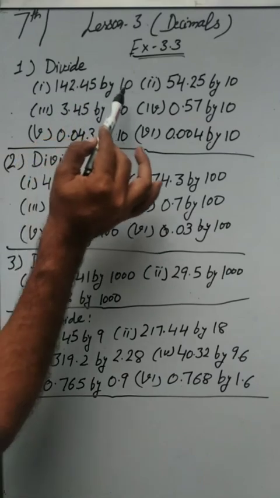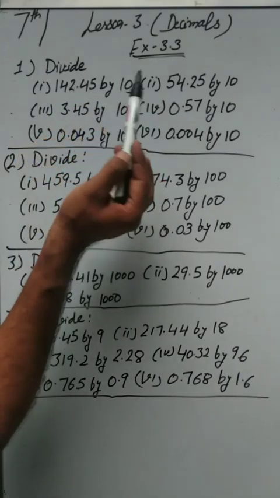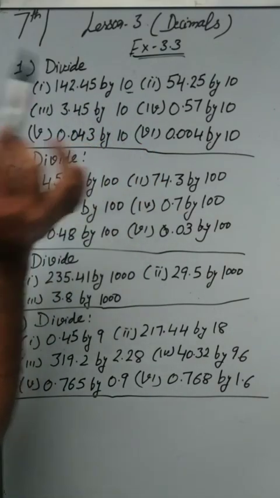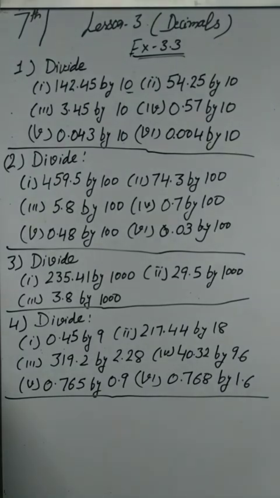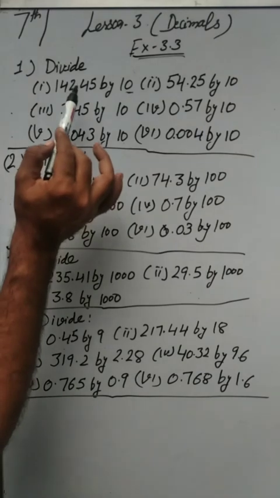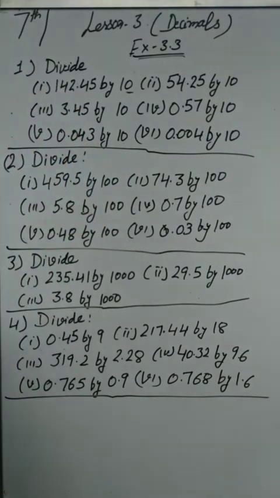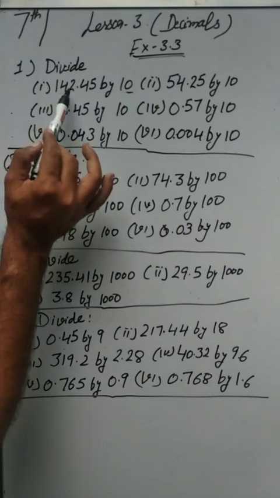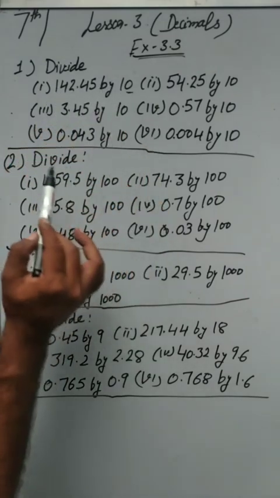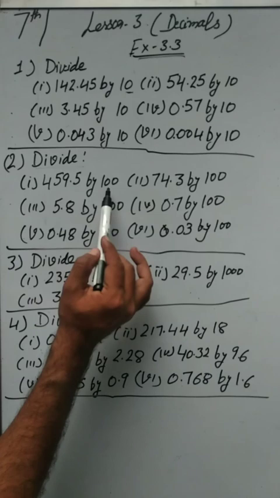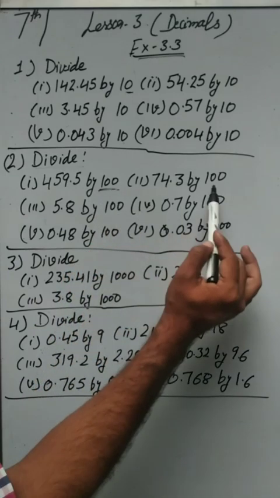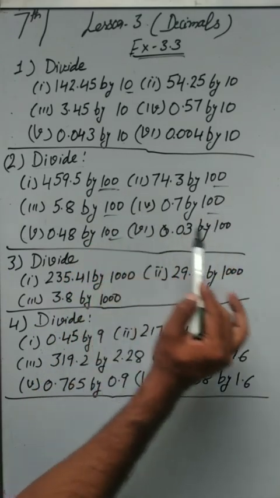Means only one zero is there, your point will shift one place toward the left, means one place backward. Okay, so that will be your answer. Like here it will shift one place, it will come here, so your answer will be 14.245.